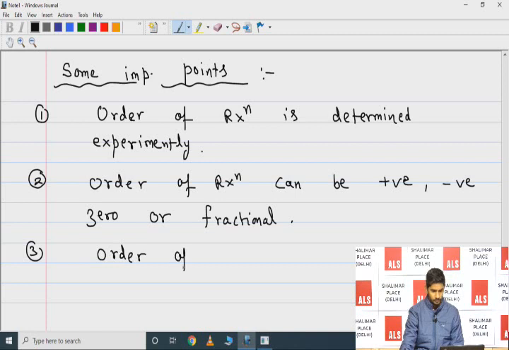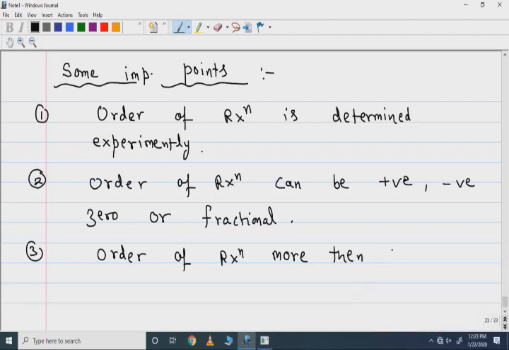Order of reaction more than 3 is generally rare. Okay, please copy. Done.